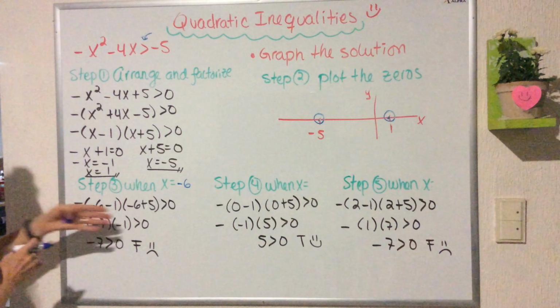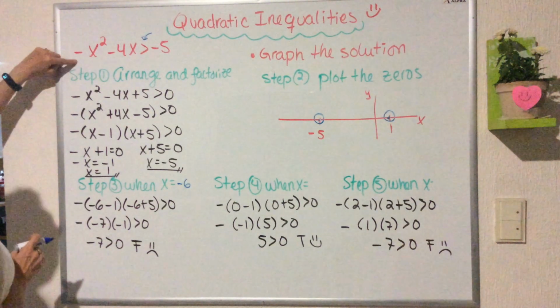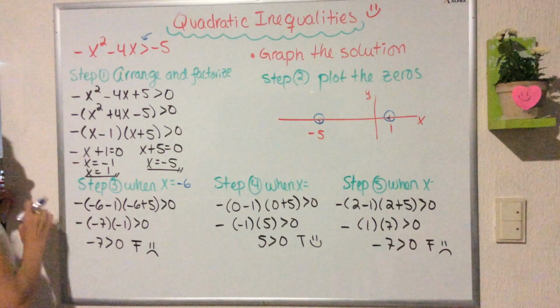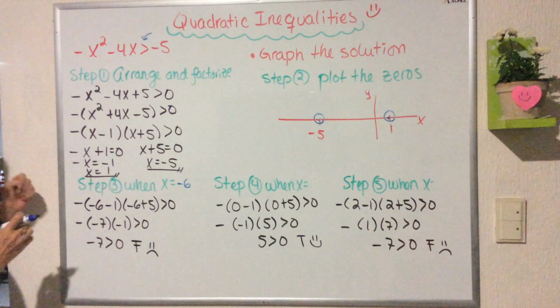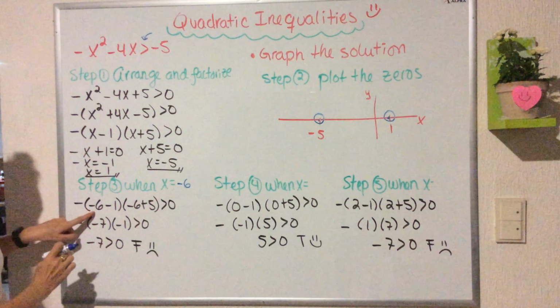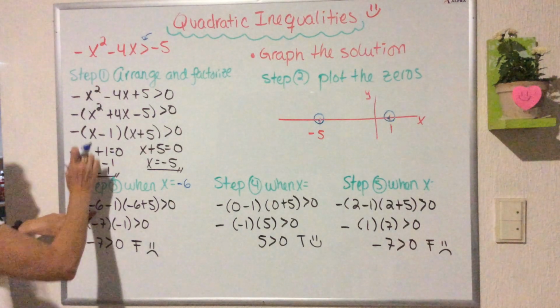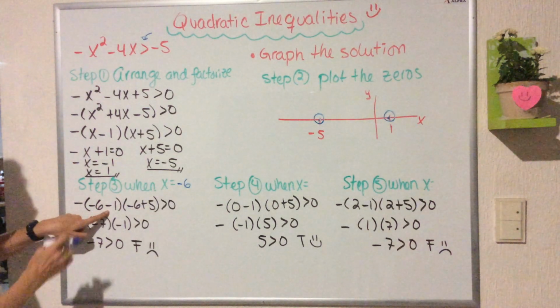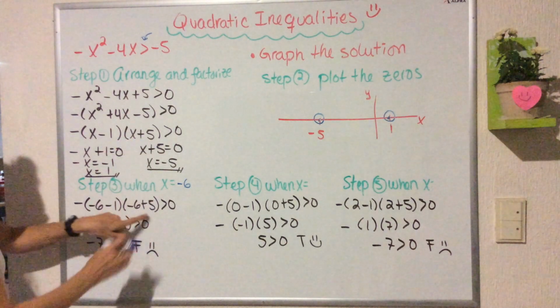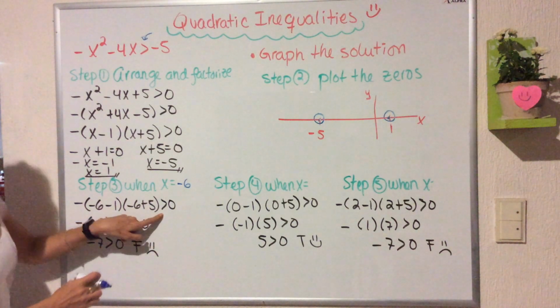And then you get if it is true or false. Now, I'm going to take the factorized form because I think it is easier, but you can decide, okay? So we have minus, and then x, which is in this case minus 6, minus 1, times minus 6 plus 5, which is the other factor, is greater than 0.